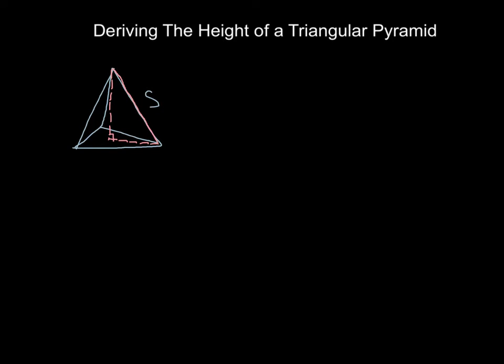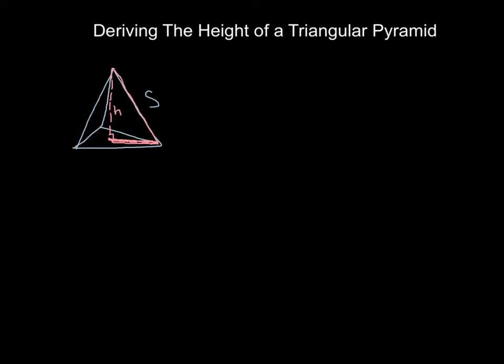That's the right triangle I'm going to use. So I'll leave the height dotted, but we'll draw this in. This line from the center of the base to a corner, and then I'm going to use one of the sides as my hypotenuse, and then I'm going to find this height h.